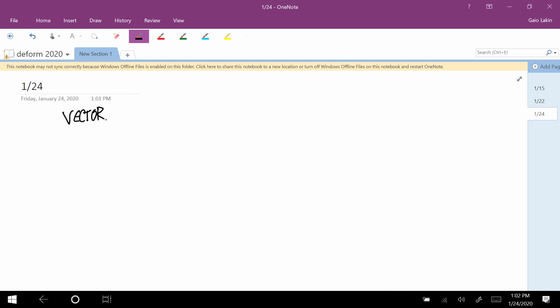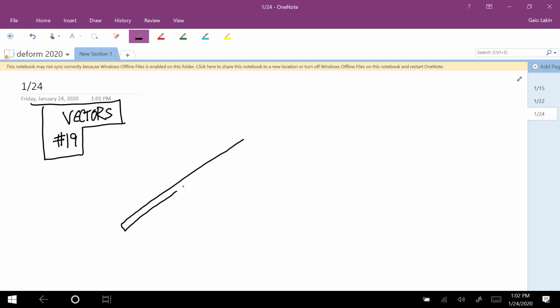So vectors, number 19. There's a beam, and it's connected to the wall by a pin joint. And down here, there's a pin and slot.